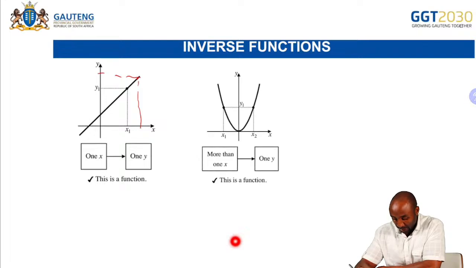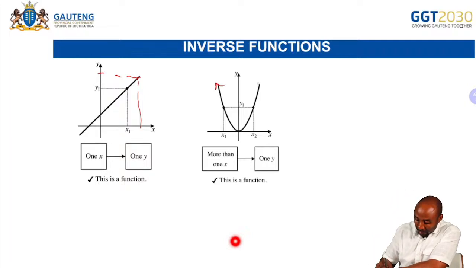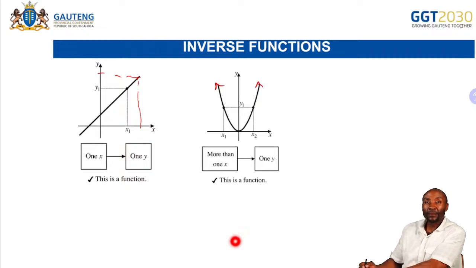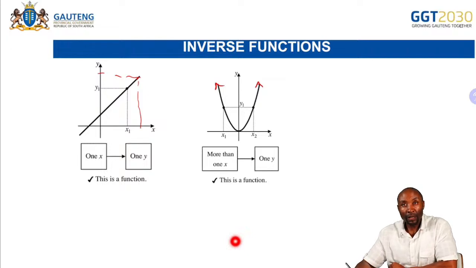And then we have a graph. If you can tell me the type of function that graph represents, I know you know it. Yes, it's a parabola or a quadratic function, which is concave up.